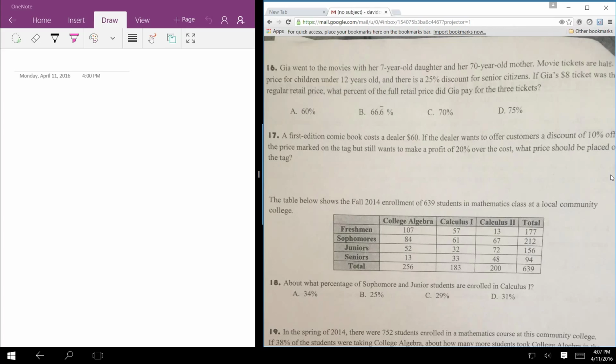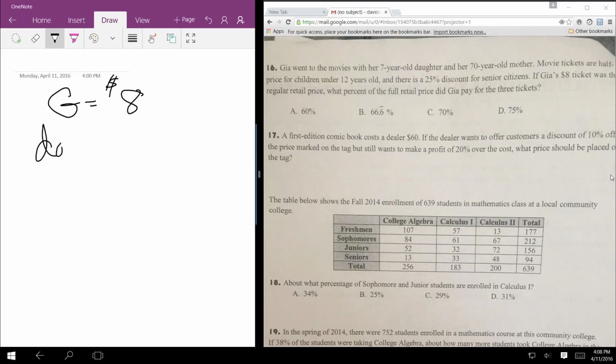Alright, so let's work each of these problems. Gia paid how much? She paid $8 for her ticket. Children are half price if you're under 12. So what did her daughter pay?